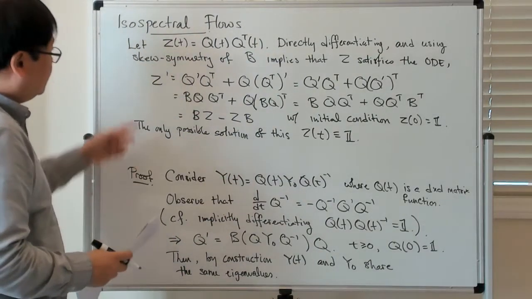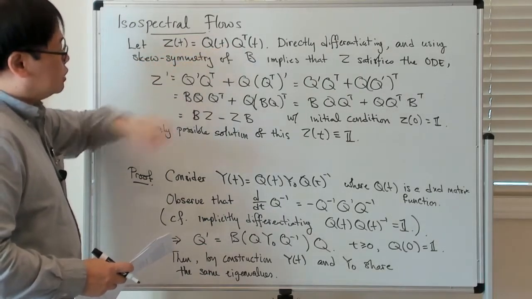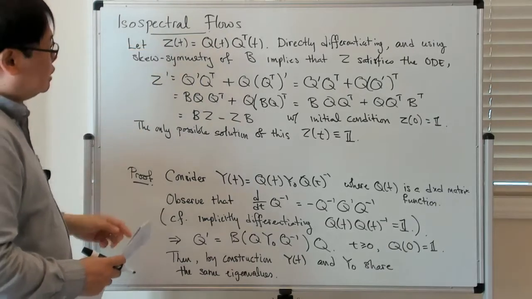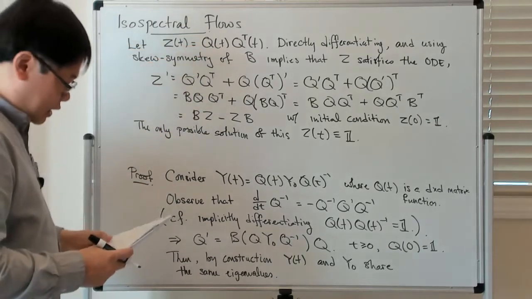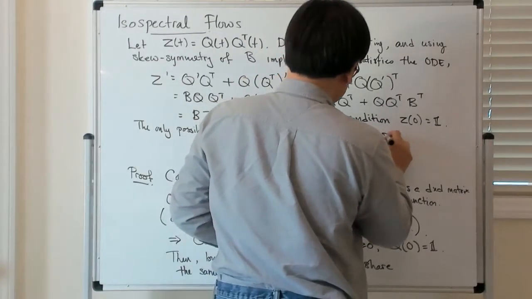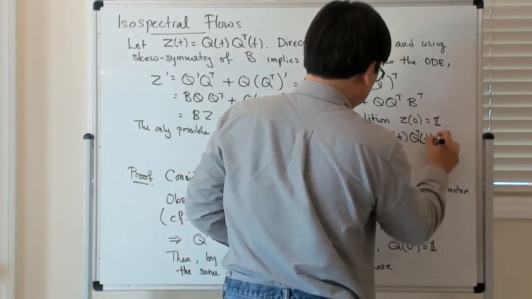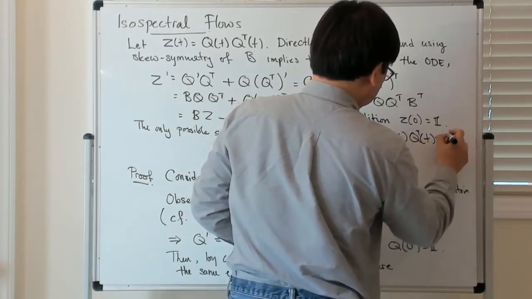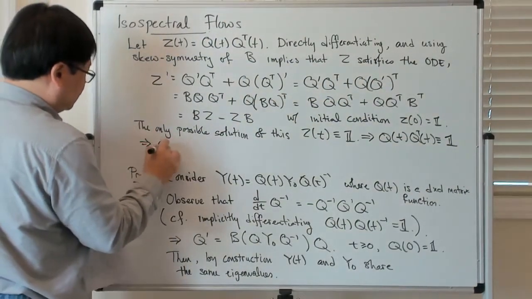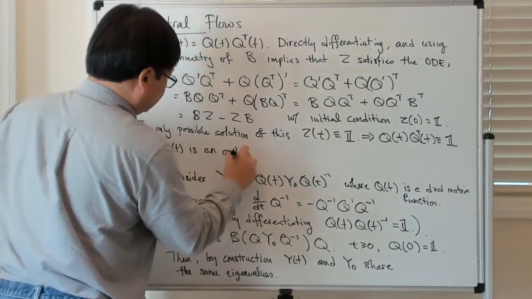So what that tells you is that Z of t, which is Q of t times Q transpose of t, is identically the identity, which means that Q of t is an orthogonal matrix.